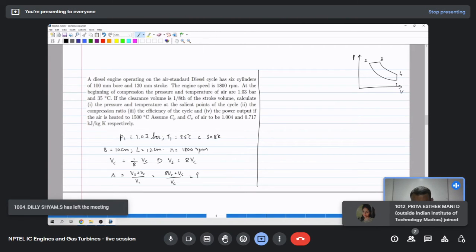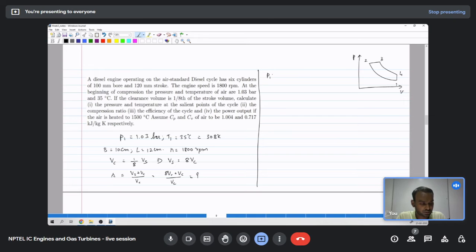So P1, T1 is known. To calculate P2 we need the compression ratio, so that is given. We have P1 V1 power gamma is equal to P2 V2 power gamma. To calculate P2 we have P1 times V1 by V2 power gamma.